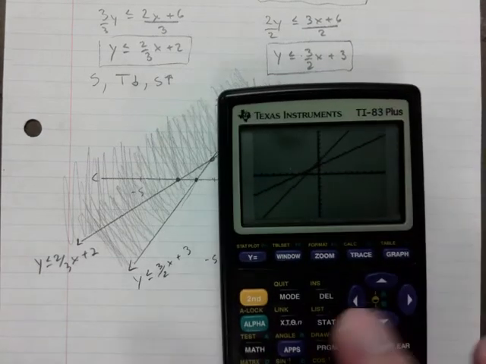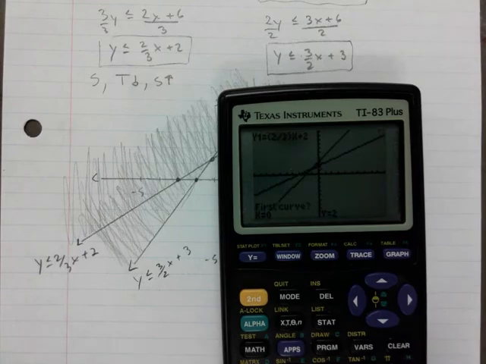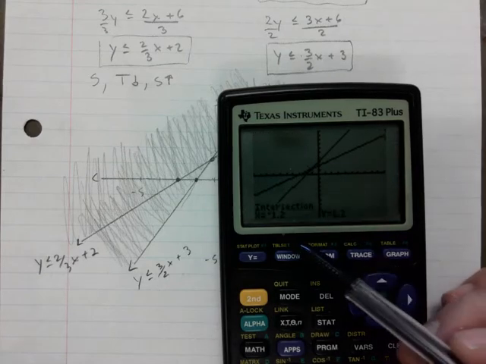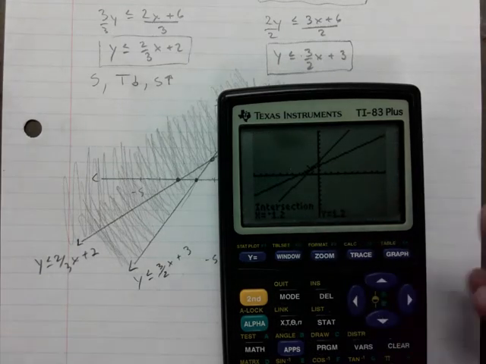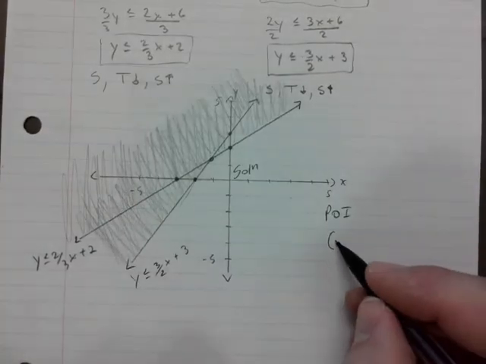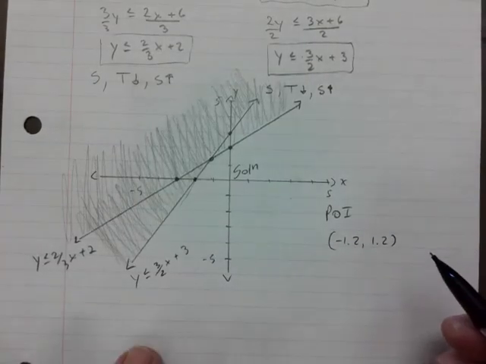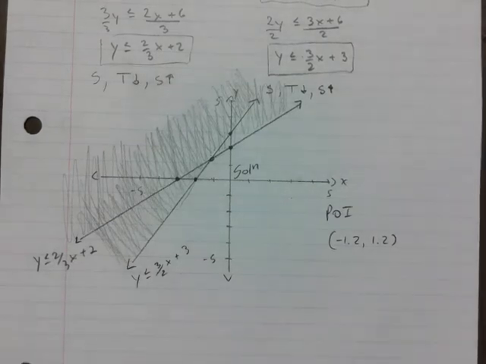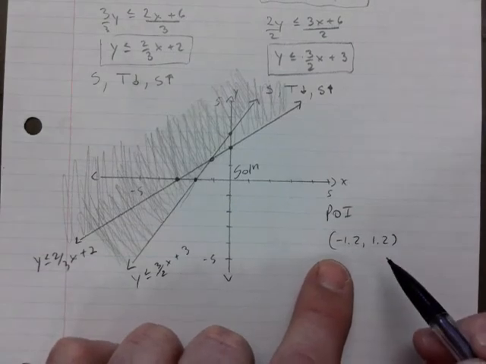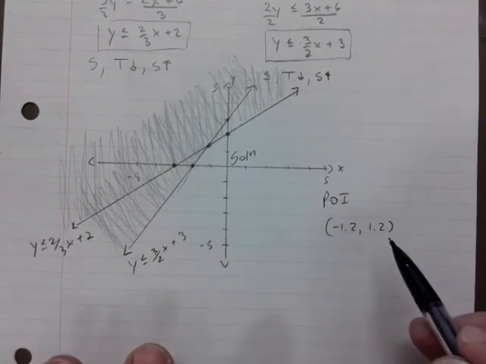So second trace 5, enter, enter, enter. And so it's negative 1.2, 1.2. And it would be part of the solution because both of them are solid. You only need one of them to be solid for it to be part of the solution. But the point of intersection is kind of a separate thing.